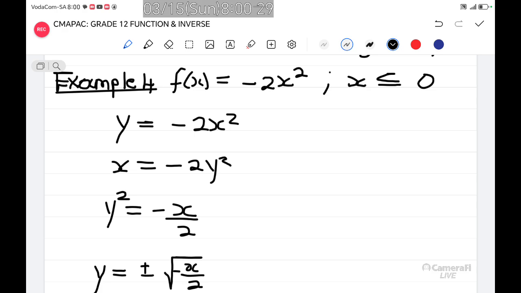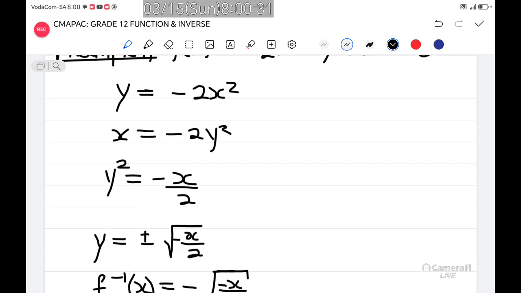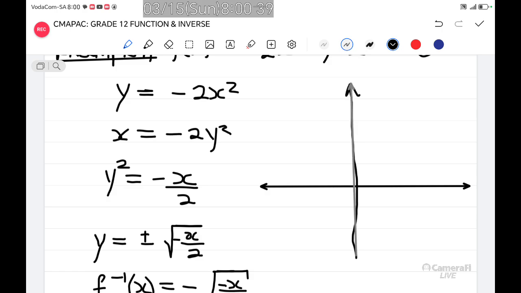So now, how do we draw it? Draw the original and its inverse. This is the x-axis and this is the y-axis. So when we check the f of x, it is supposed to be like this.